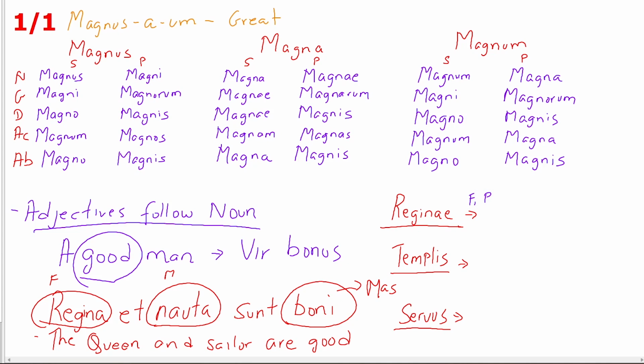Now in the plural, which case does Regina come in? Nominative. Let us take a look at feminine, plural and the nominative. So if I want to say great queens, how would I say? Yes, Reginae magnae.